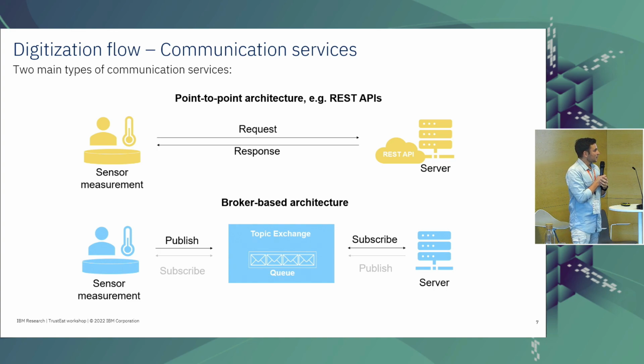And this is efficient and used in many IoT applications, because the type of message that we have in the broker is predefined. So imagine that we have a sensor that always measures the same thing. Of course, the type of message that it sends to the server will always be the same.